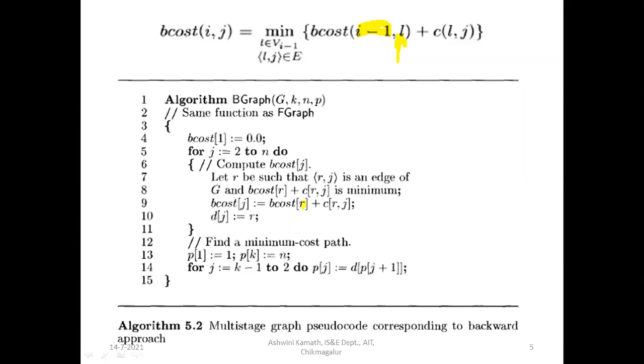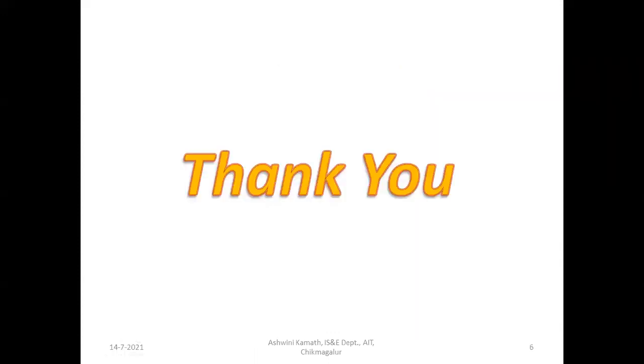Since it is from the source node, we have to consider the next stage to the source node. So this will continue until we get the minimum cost path. I hope you understood these two algorithms. If you have any doubts, you can ask me.